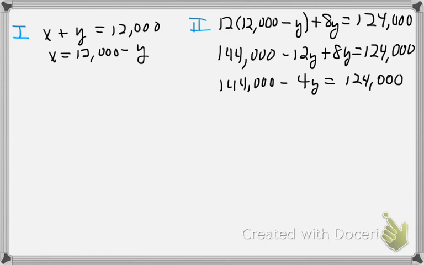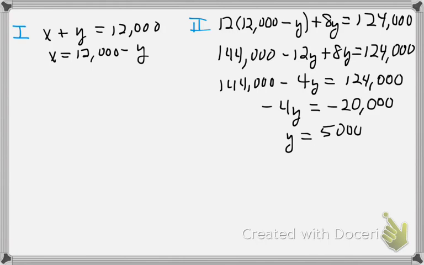What should I do next? Subtract 144,000, so negative 4y would equal negative 20,000. And now divide by negative 4, then y would equal 5,000.